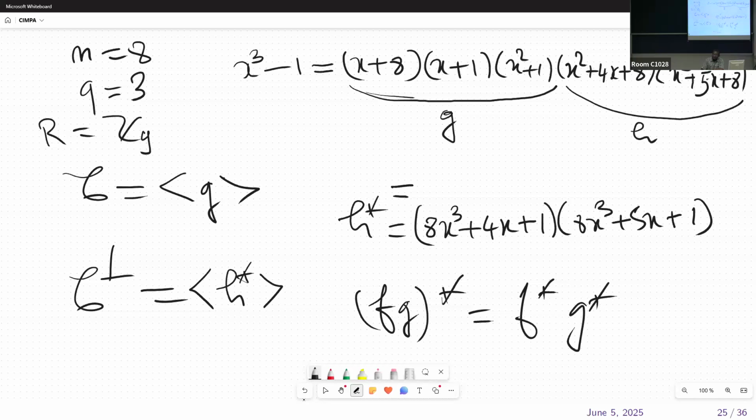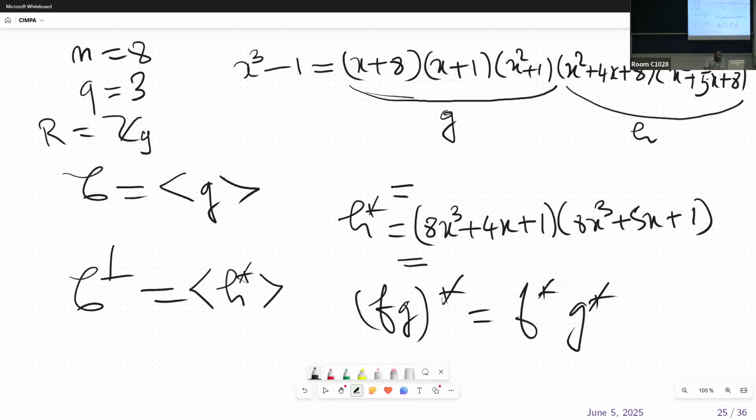When you express this polynomial, you obtain a monic polynomial. This is the mechanism to construct the free cyclic code.